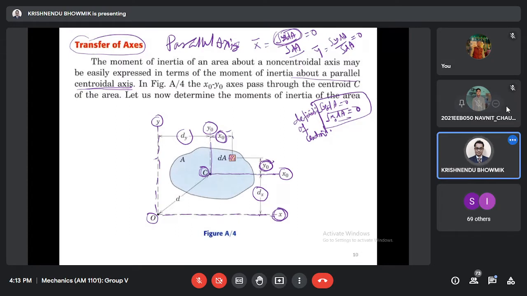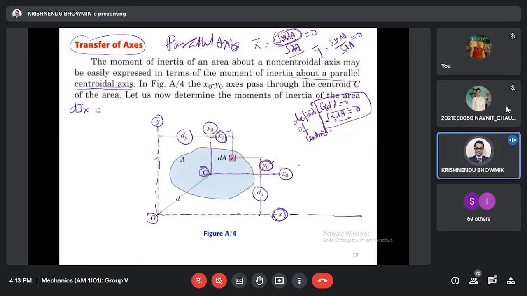Now we'll use the theory which we have discussed to calculate this parallel axis for the concept of Ix and Iy. Somebody can easily write from the previous discussion that dIx with respect to this, by definition, is the distance squared dA.